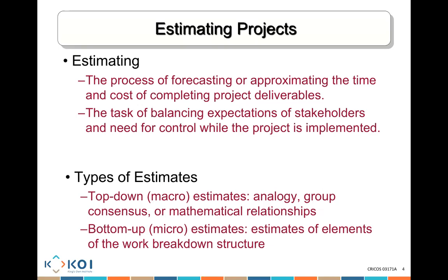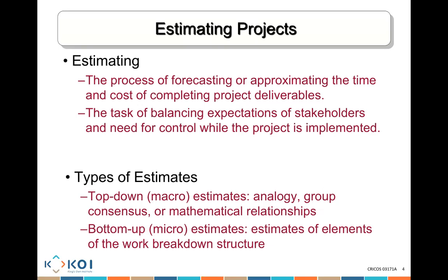But we don't always estimate by getting all of this detailed work breakdown structure. Sometimes we do what we call a top-down estimate, where a manager could come and say, for example, I estimate this project is going to cost me $1 million, because he uses expertise and he knows based on that. Sometimes we estimate bottom-up, where we create the whole work breakdown structure, every work package in that structure, and then we say, all right, how much time and how much cost will each activity take?